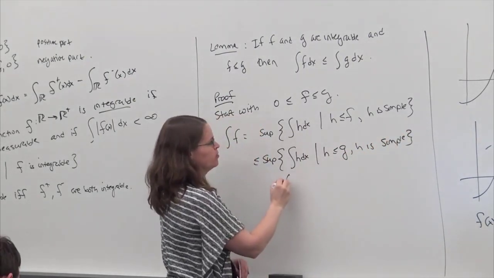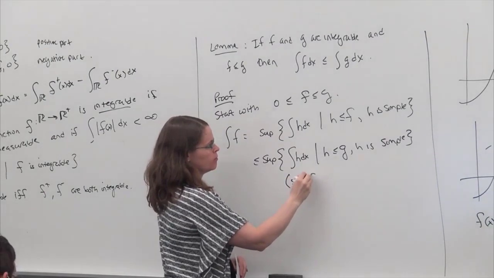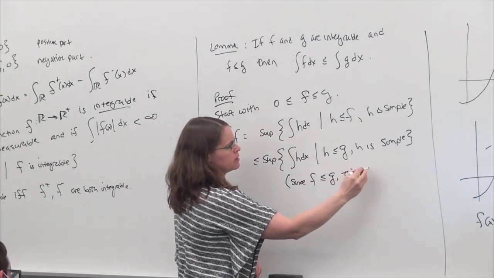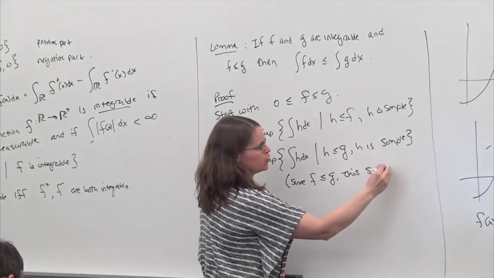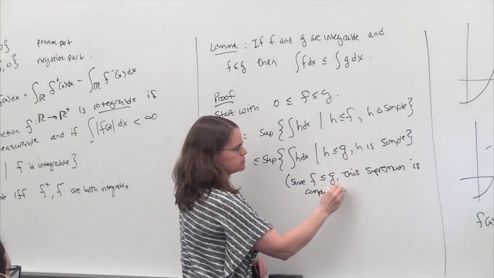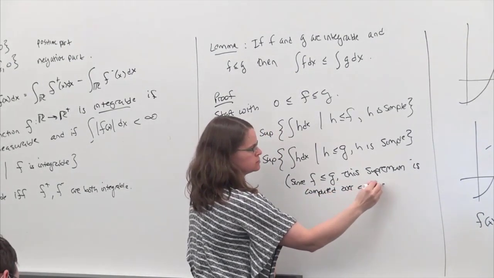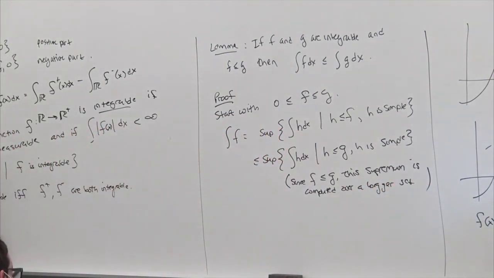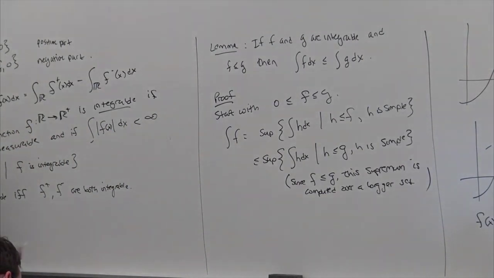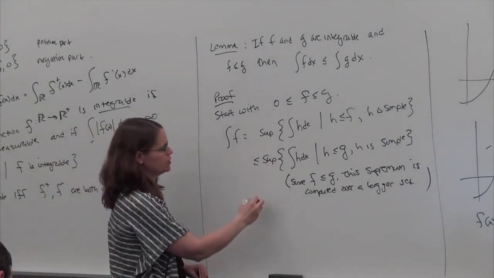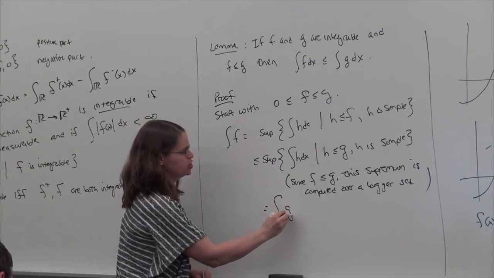Okay, and this is just because since f is less than or equal to g, this supremum is computed over a larger set. Okay, and this, of course, is just the integral of g.